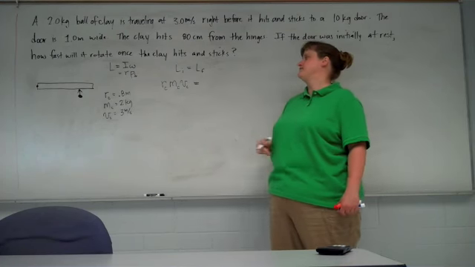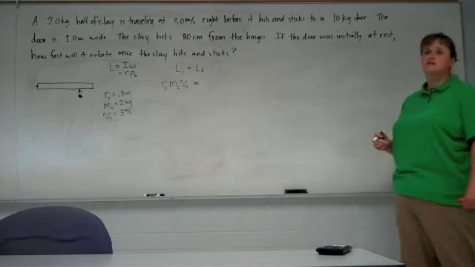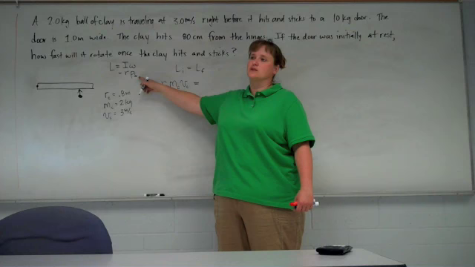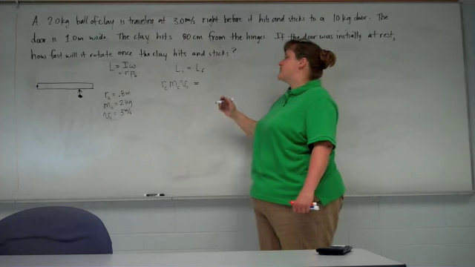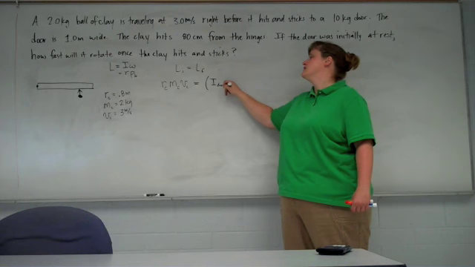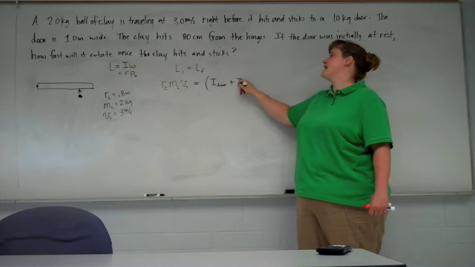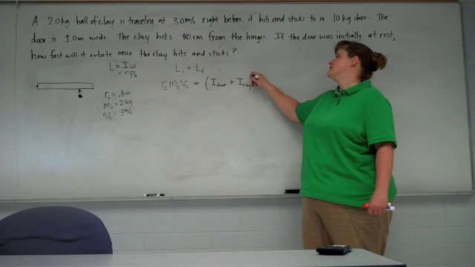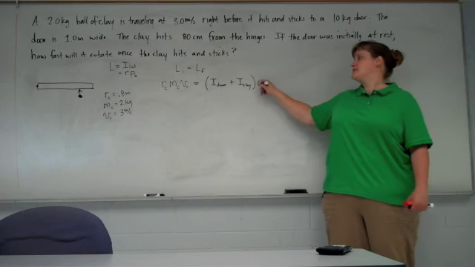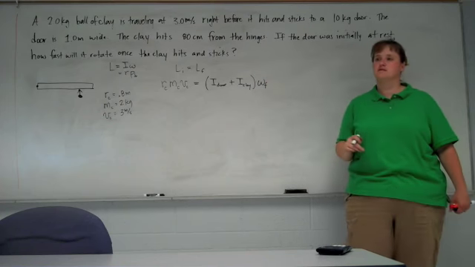Finally, the door, we can't use R times the linear momentum for the door, because it's not a point mass. So finally, we're going to have I of the door plus I of the clay as our total moment of inertia times the final angular speed.